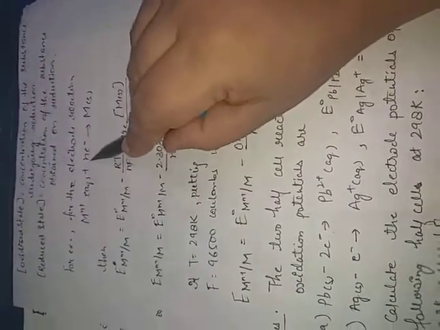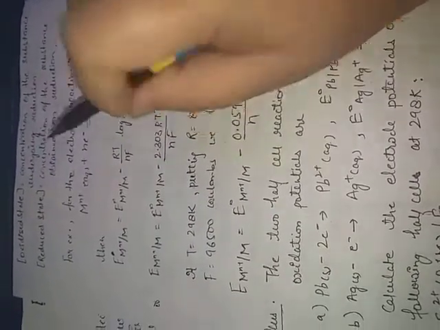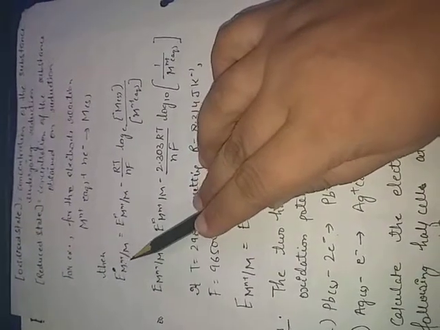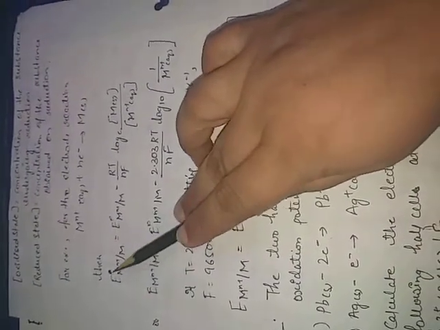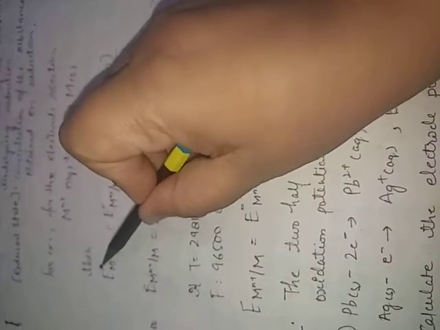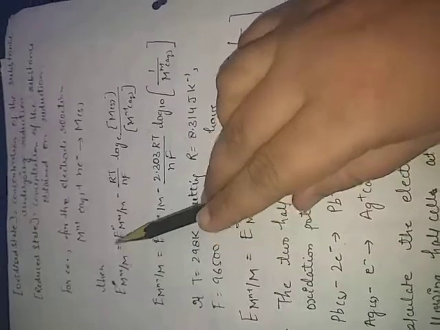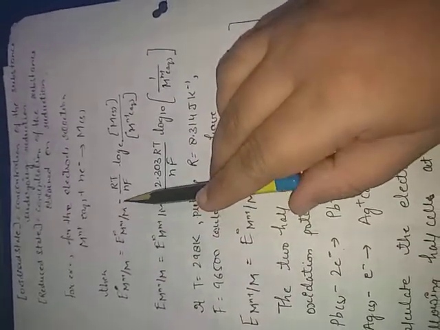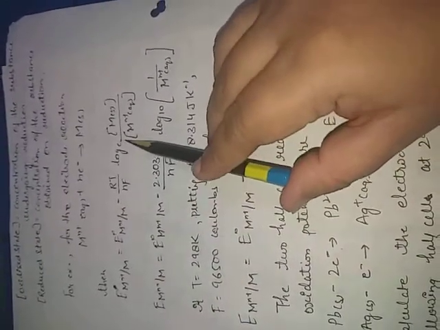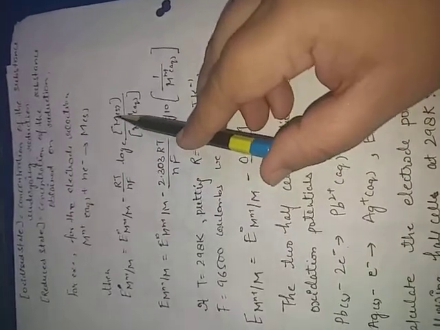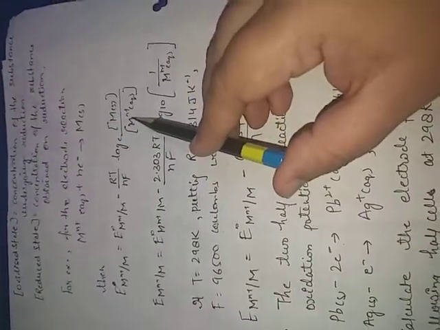Suppose we take the example where M n plus is present. This M n plus is an ion, it is gaining electrons and changing into solid metal. In that case, E of M n plus oblique M means reduction potential, which equals the standard reduction potential minus RT upon nF log base e of solid metal upon M n plus in aqueous solution.